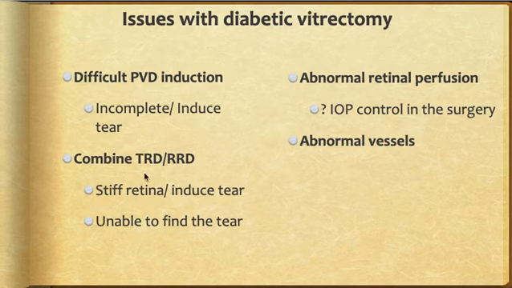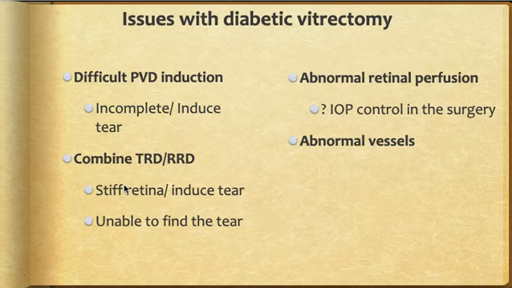Now, in summary, what are the issues pertaining to these diabetic eyes? They usually do not have a complete PVD, especially after they have received pan-retinal photocoagulation. During the induction, we can induce a tear because they usually have very strong vitreoretinal adhesion. For combined TRD and RRD, sometimes the retina can be quite stiff.